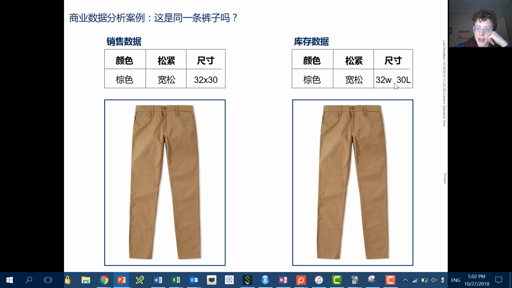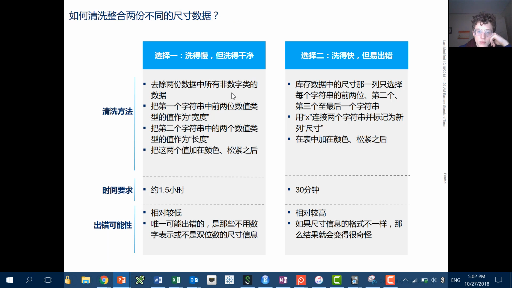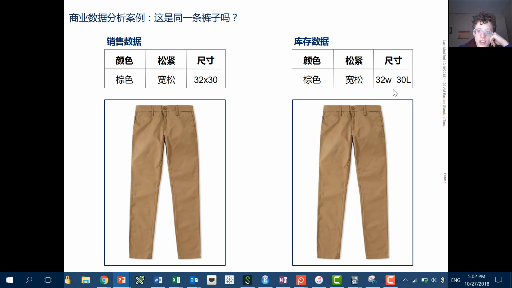Number, space, space, number, space. So the first two are the number, and the second and third to last are another number. Let's pull these two out, slap an X in between, and then it'll be the same as this. So this is actually a faster method. It wouldn't take that long, and you would get the right answer for these pants.